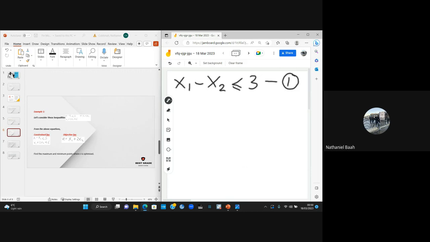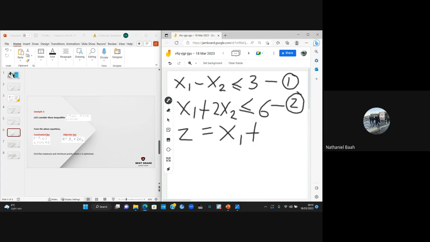Then we are also given x1 plus 2x2 less than or equal to 6. This is our equation 2. And lastly, we have our objective function, which is z equals x1 plus 2x2.